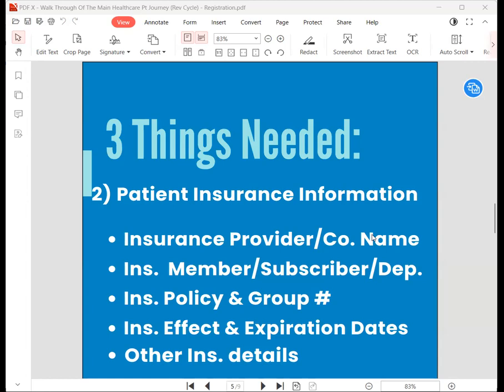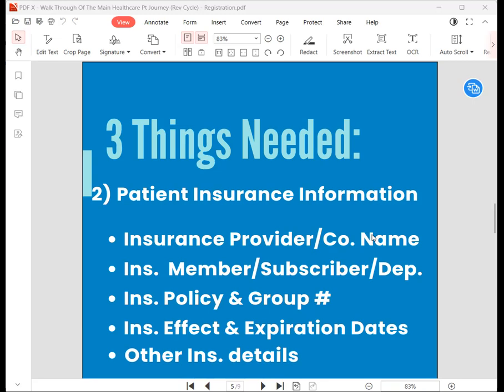PPOs tend to be more open provider plans, so they may not necessarily have effective or expiration dates. However, some may have that also. But it all goes back to those dates, where someone needs to enroll or re-enroll in the insurance if they're not changing it.